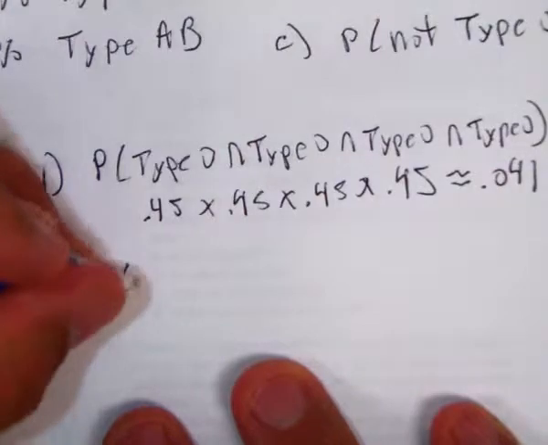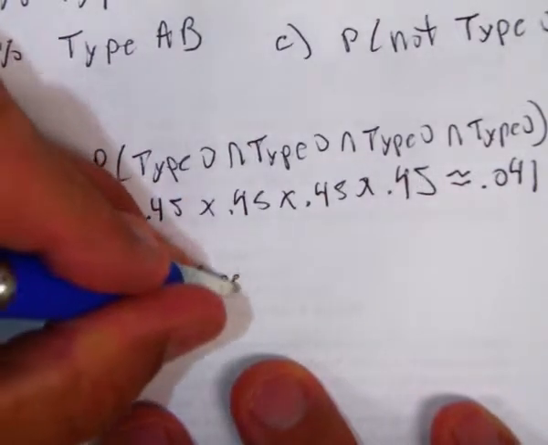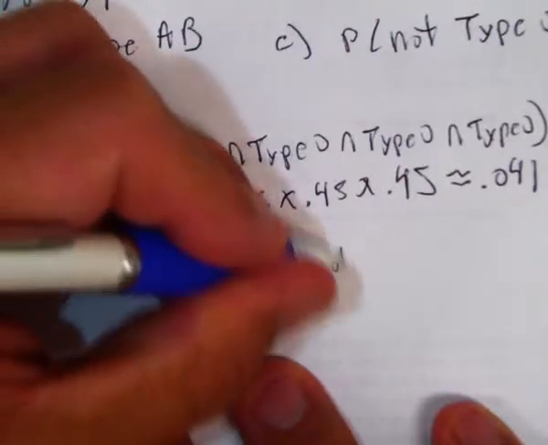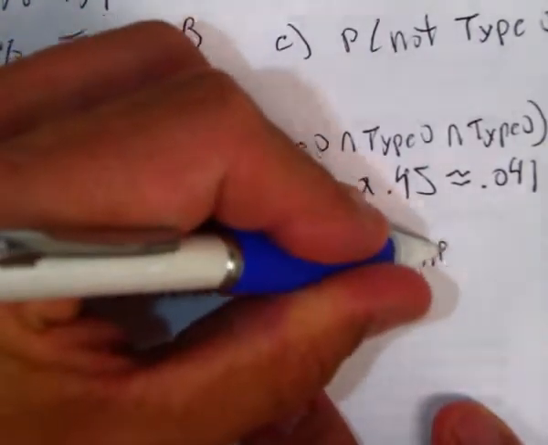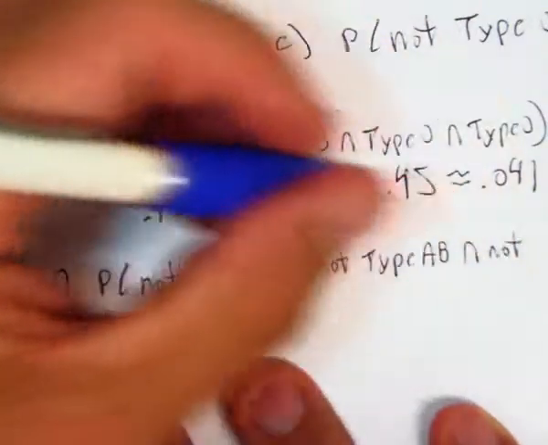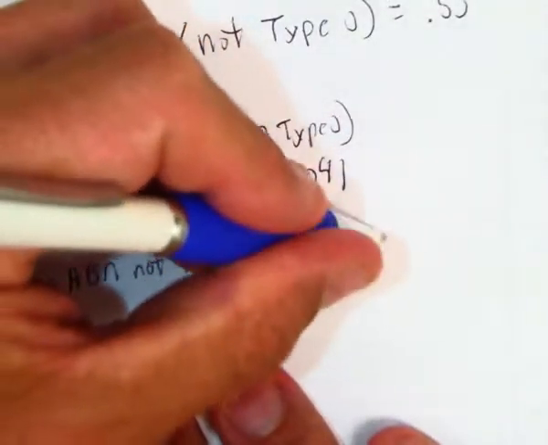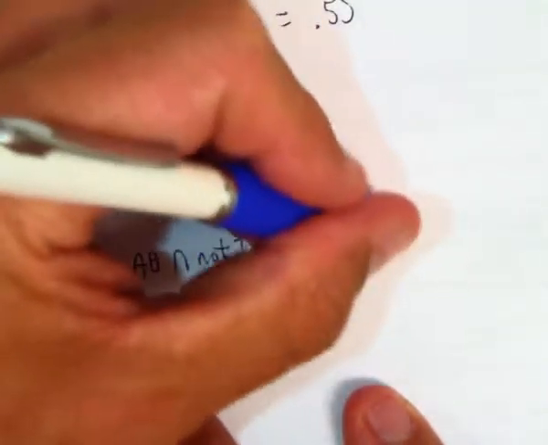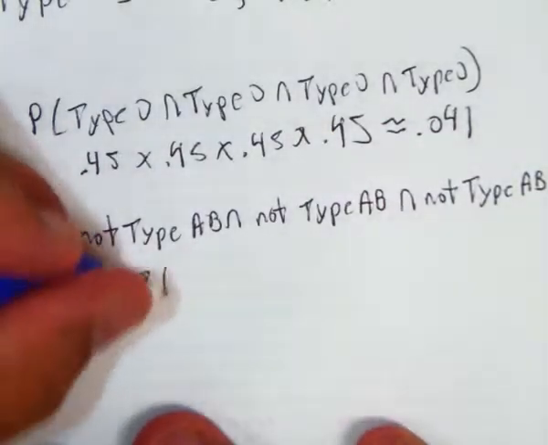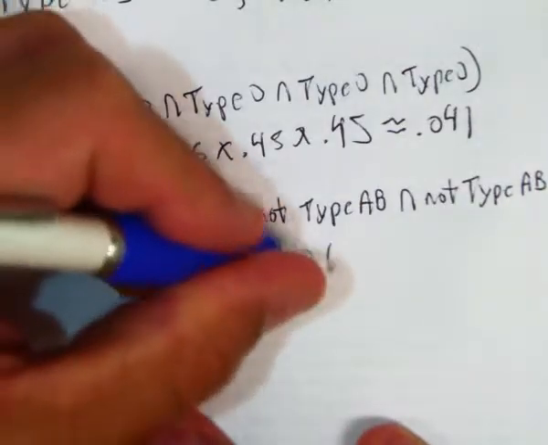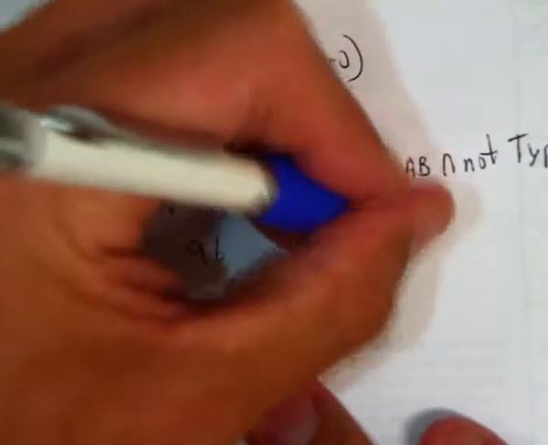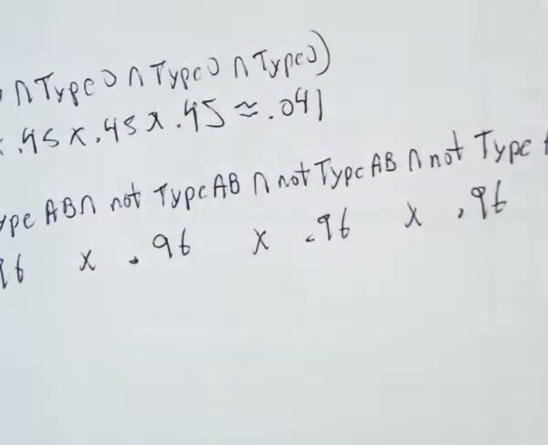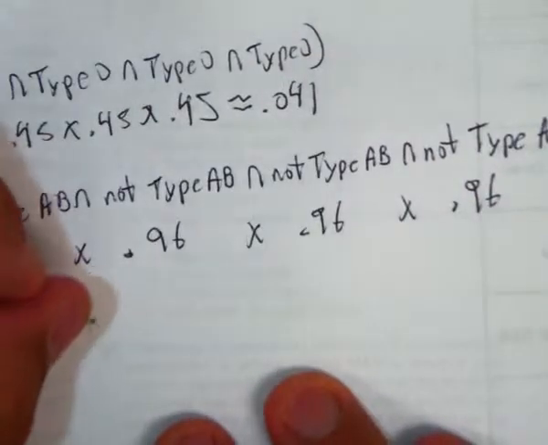So the probability of not type AB and not type AB and not type AB and not type AB, and that's 96% for each. So 0.96 times 0.96 times 0.96 times 0.96. If we multiply it out, we get 0.849.